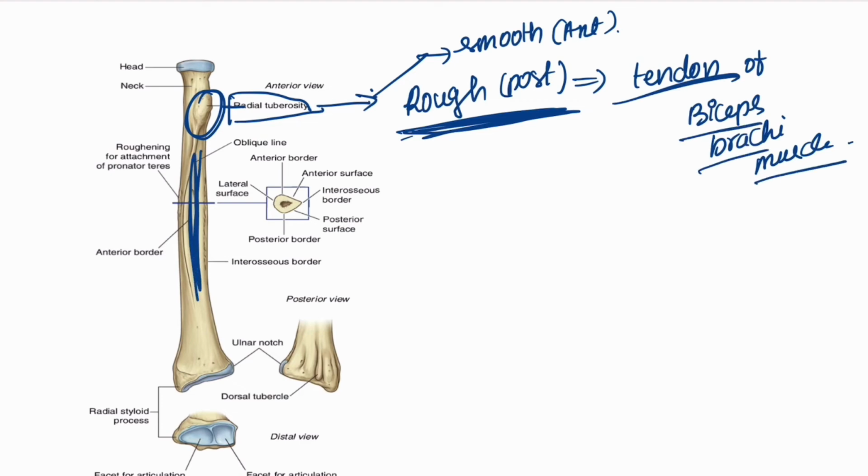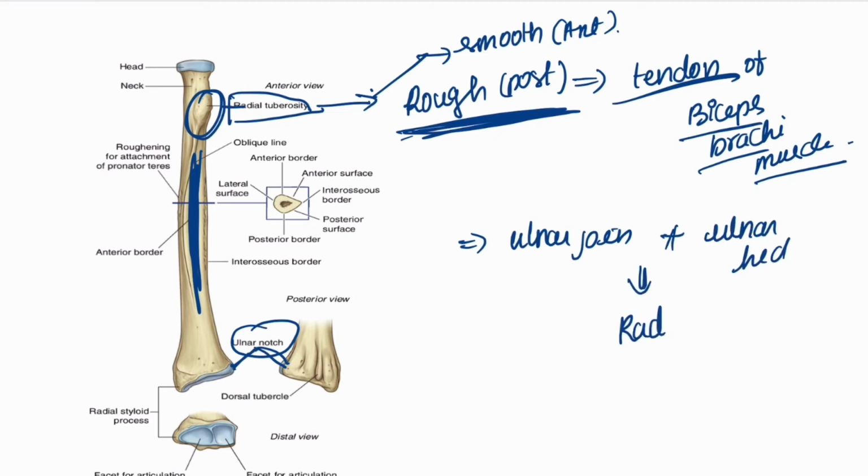And this is the shaft, and distally we have the ulnar notch. This is the ulnar notch here. This ulnar notch joins with the ulnar head and forms the radio-ulnar joint. And posteriorly we have the dorsal tubercle here. This is the dorsal tubercle, and this dorsal tubercle is also known as Lister's tubercle.